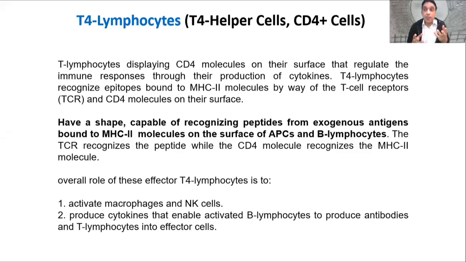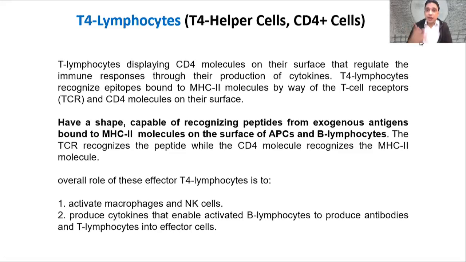Whether it is a bacteria, and if it is, what type of bacteria: one type, another type, or a third type. It should be able to distinguish between different types of pathogens.